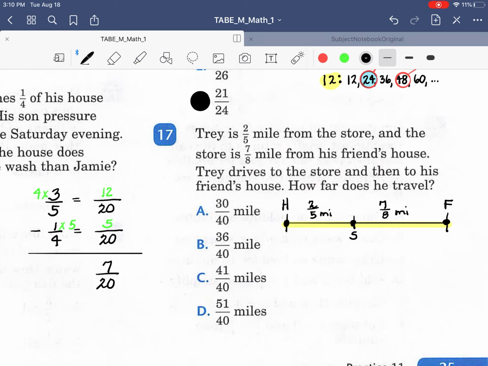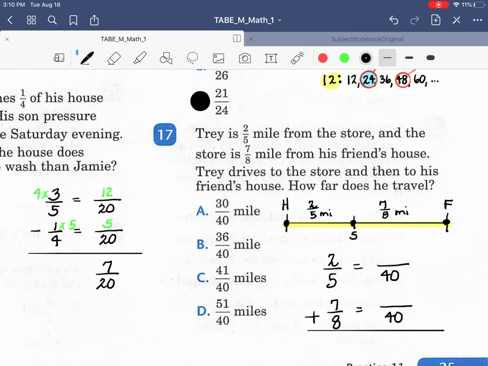So if I want to know how far Trey drove, I need to add those two numbers. So 2/5 and 7/8. And unfortunately, the 8 will not serve as the denominator. So we need to find one.